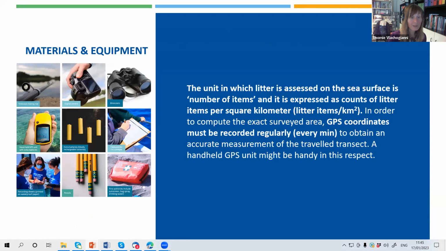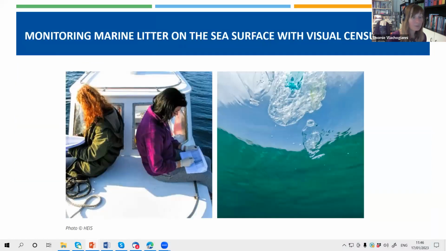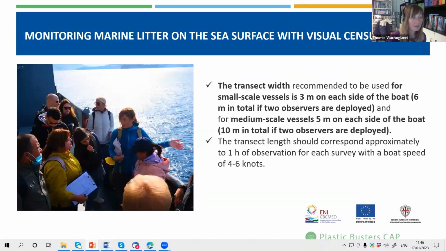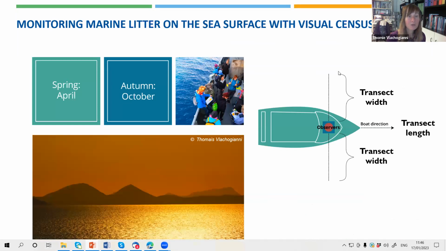And here, first of all, what I would like to highlight is that it seems relatively straightforward, but there are some small technicalities that should be considered. So, for example, how to always keep the transect width fixed.